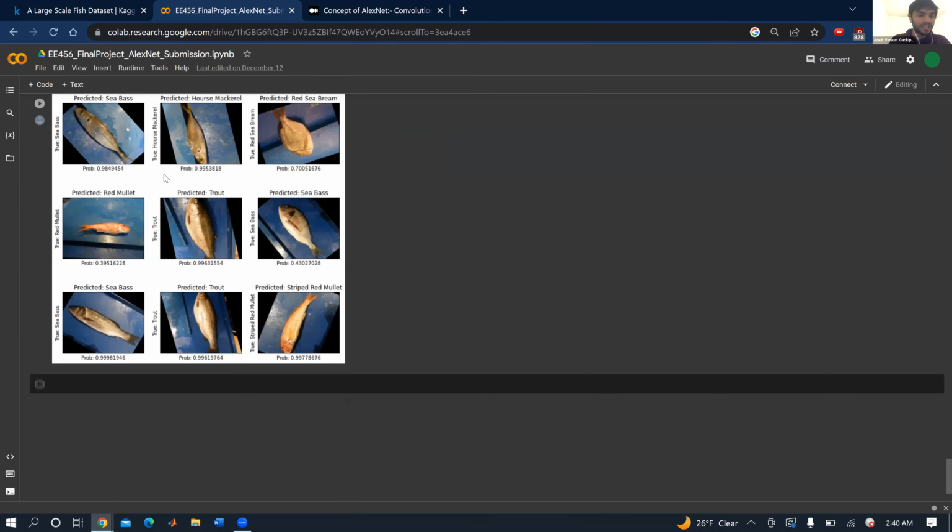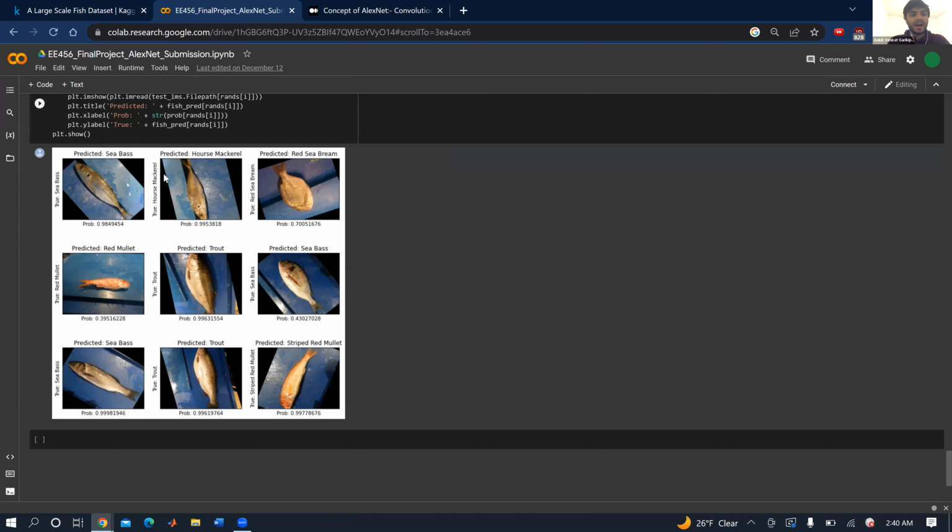But moving on to our final image, similarly to what we presented in mini project 2, we randomly sampled 9 test images and returned their predicted class, their true class, and their classification probabilities.